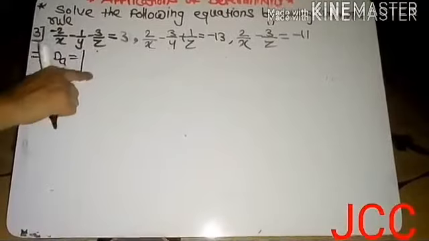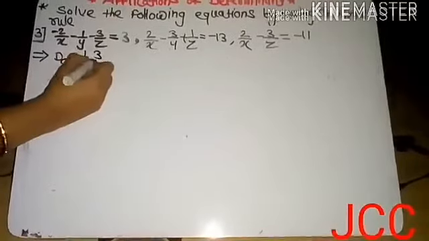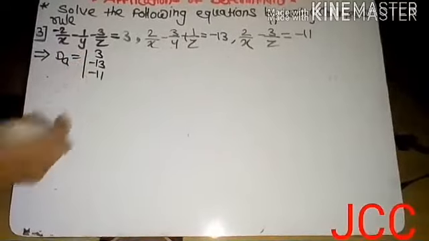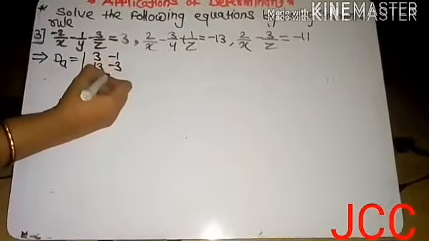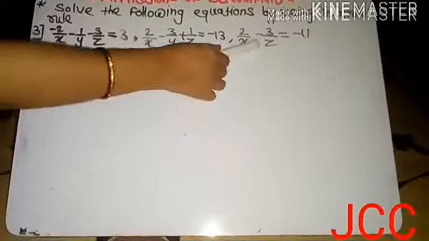Then in the first column, right side elements 3, minus 13, minus 11. The second column, coefficient of b, that is minus 1, minus 3, 0. Here is not 1.